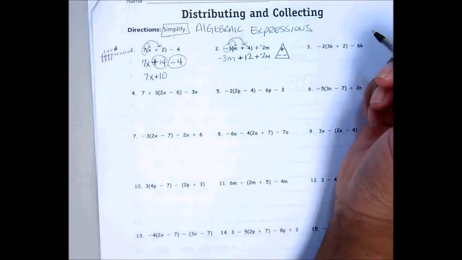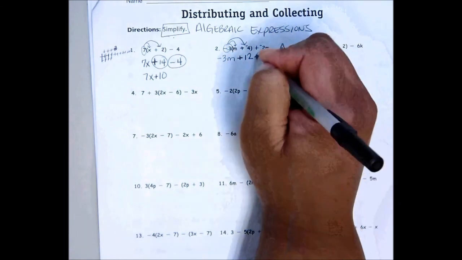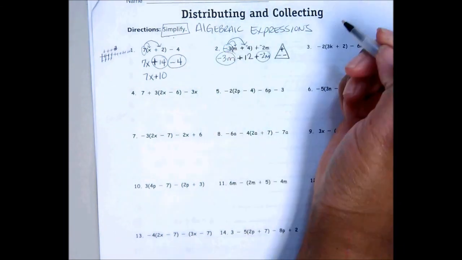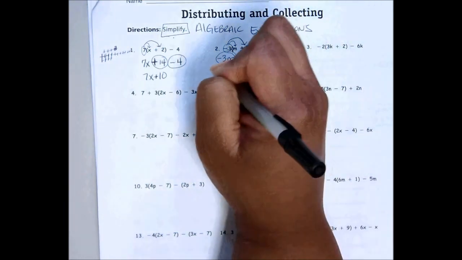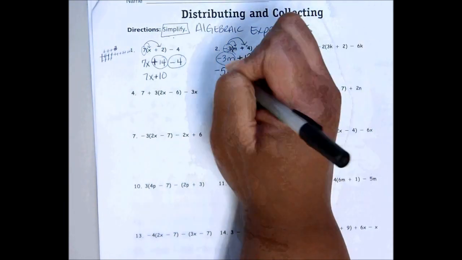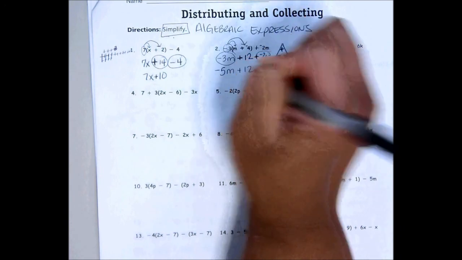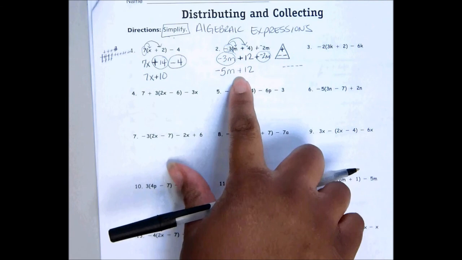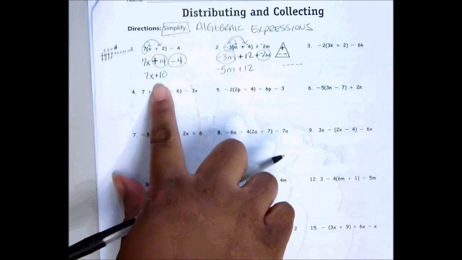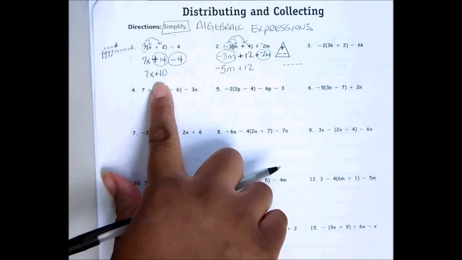Now we combine like terms. So I have negative 2m, negative 3m. So 1, 2, 3 negatives, 1, 2 negatives. I have 5 negatives, and we're talking about the m family. Do I make this 17 or try to make it something else?